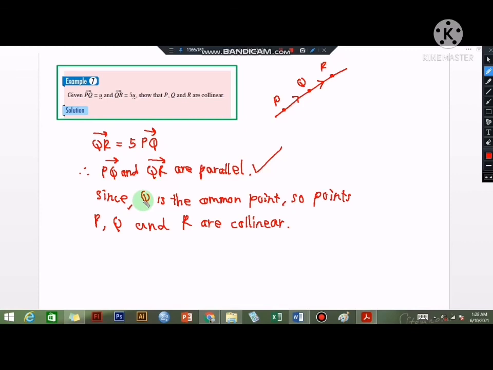That's why Q is considered the common point. And after that, we can confirm that points P, Q and R are collinear. Okay, that's it. This is how you show that the points P, Q and R are collinear.